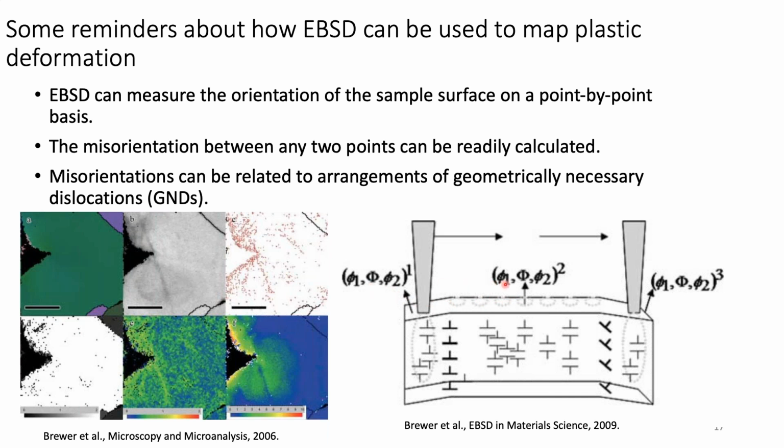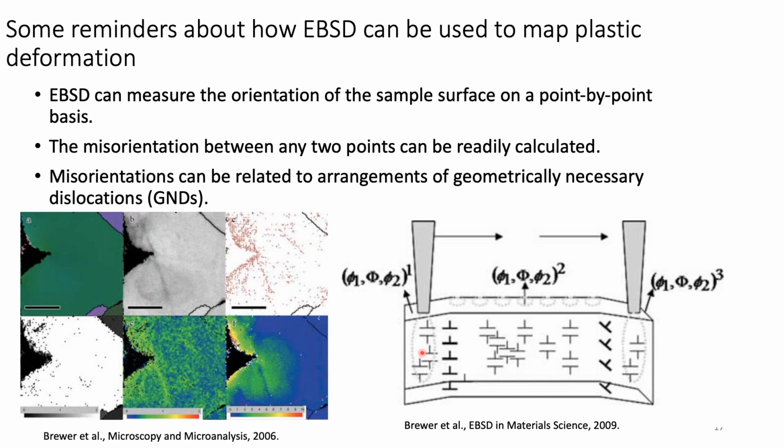And we can do that in terms of, say, Euler angles. So I have three regions here, 1, 2, and 3, and each one has a measurably distinct set of Euler angles. Well, I can readily calculate the misorientation between these sets of Euler angles. And that degree of misorientation can be related to the arrangements of something called geometrically necessary dislocations, or GNDs.